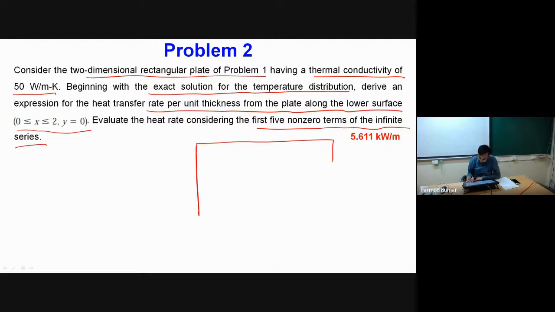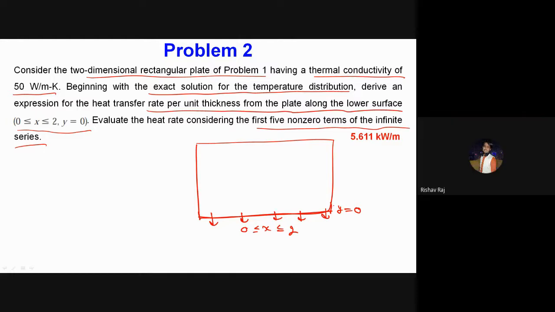We have the same plate, but for this plate now at y equal to 0 and x varying from 0 to 2, it means for this bottom face, what do I have to do? I have to determine how much heat is passing through this bottom face. Correct? Is this point clear?